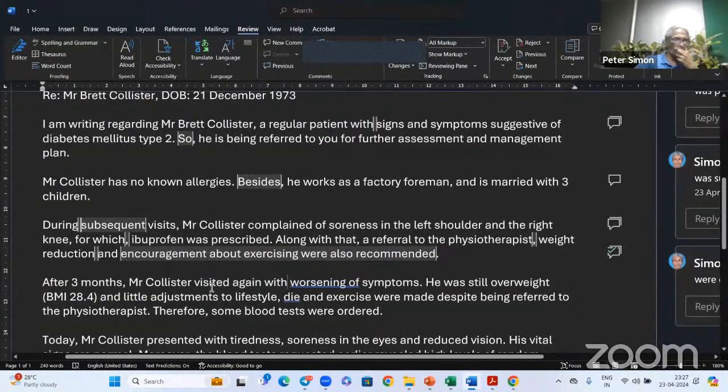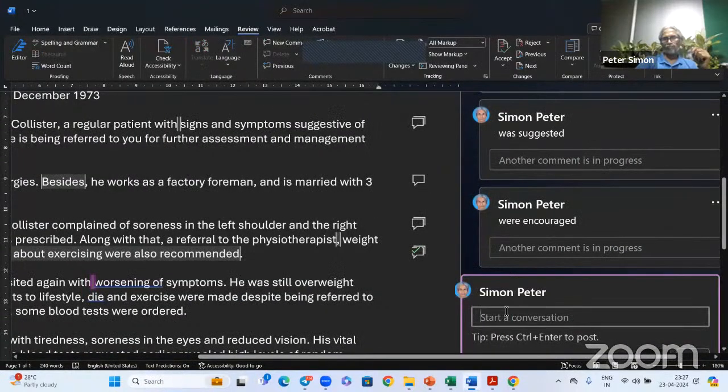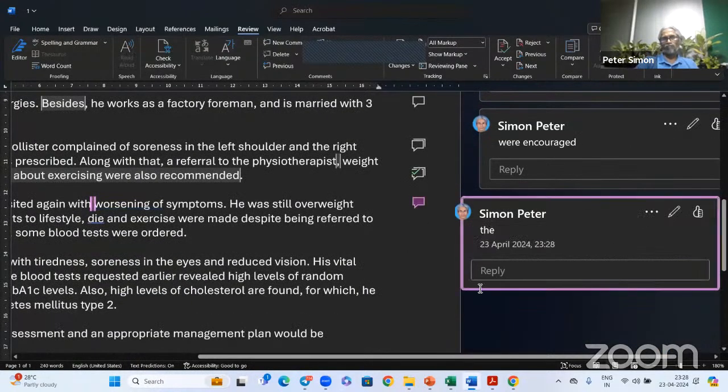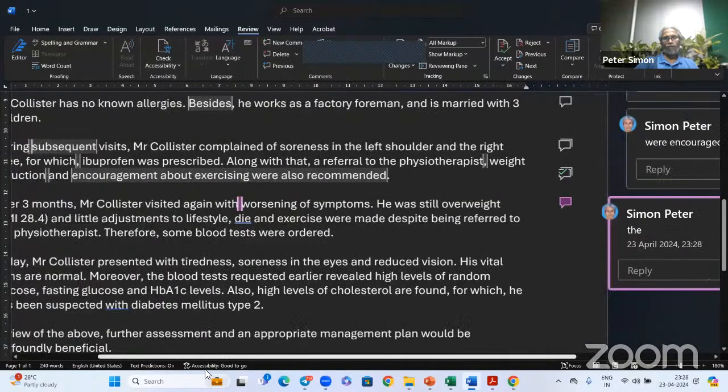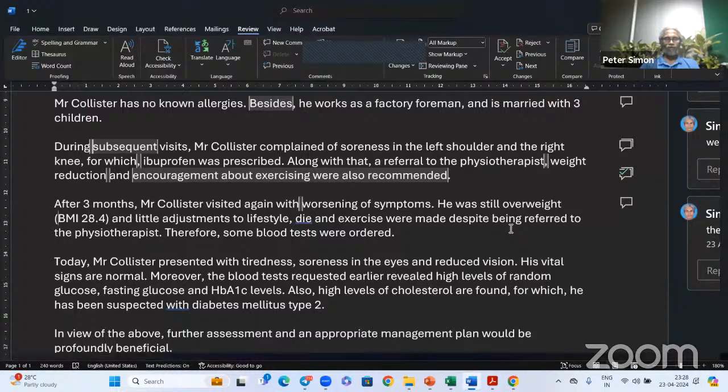After 3 months, Mr. Collister visited again with the worsening of symptoms. He was still overweight, body mass of 28.4. He was still overweight. That's okay.